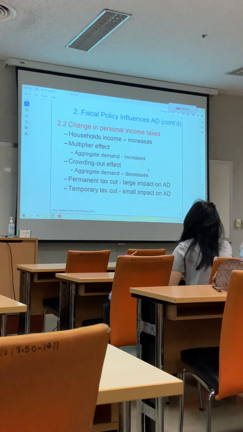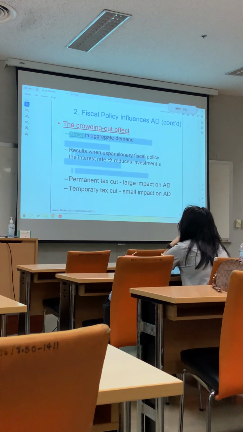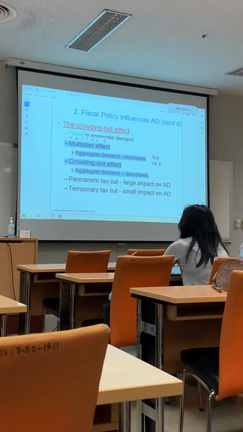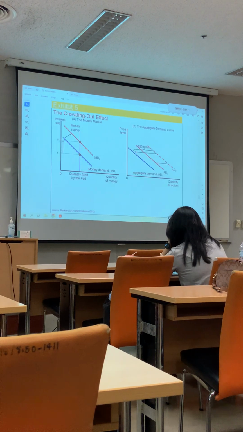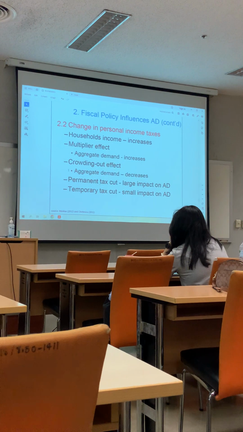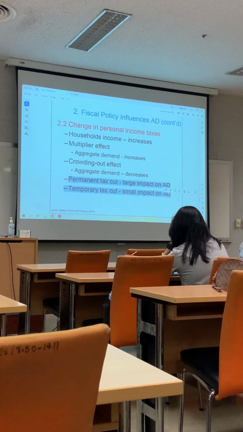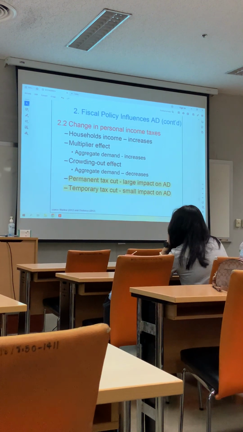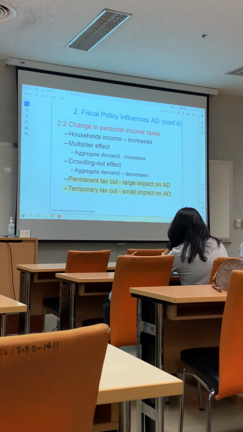So in fact, you know it already. Multiplier effects: aggregate demand will increase. Crowding out: it will shift backward. Now the thing that you need to highlight is here. If you need to explain tax, I think just add one more explanation.